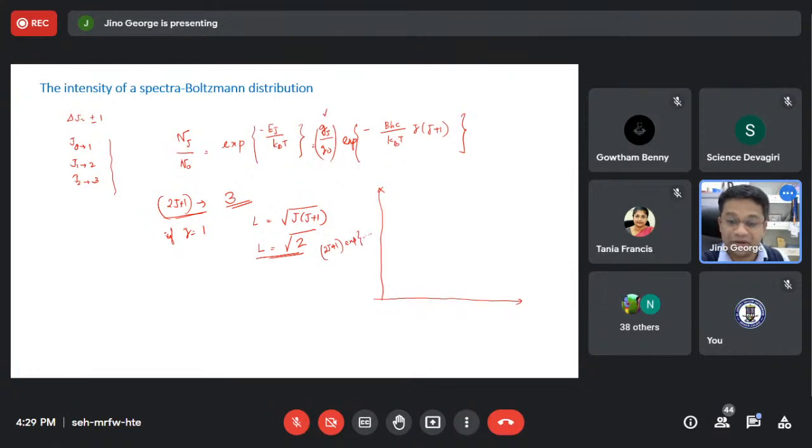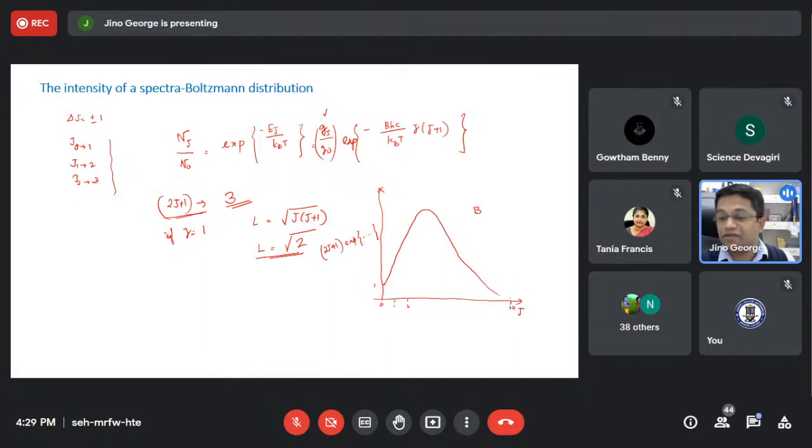When you plot versus j, you start from 0, 1, 2, etc. up to 10, say, you will get a distribution like this. It starts from some value, then goes up, gets some maximum, and drops and becomes 0.